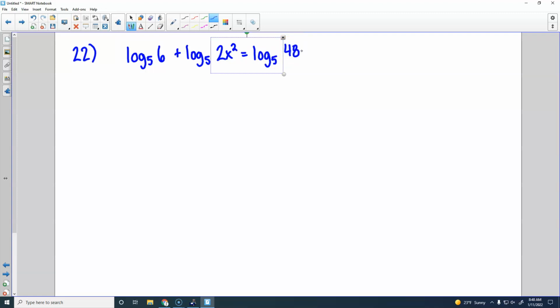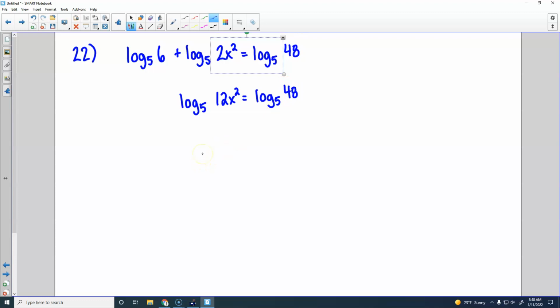And so you've got to combine these two logs right here. And since you have a plus sign in between them, what operation do we use when we do that? Multiplication. So we'll have log base 5 of 6 times 2x squared is going to give us 12x squared equals log base 5 of 48.